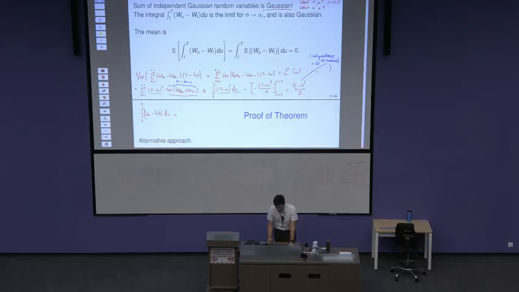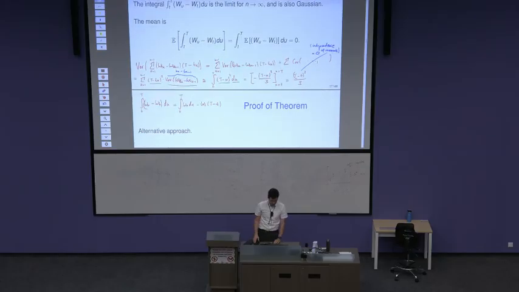It doesn't change, right? So if I write it down, this would be the same as, using linearity of the integral, the integral of Wu du minus Wt times capital T minus t. So the only thing I want to compute is the Wu du component.